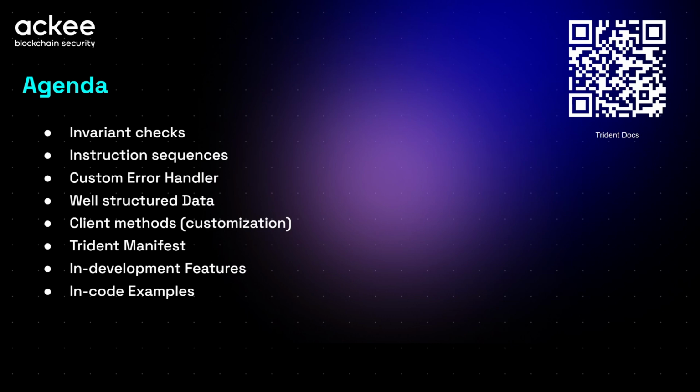On the screen, you can see the agenda of this lesson, but firstly, I would like to tell you that part 1 was actually about fuzzing, an introduction into fuzzing. I described what fuzzing is, what Trident is, and how the underlying random data looks like.